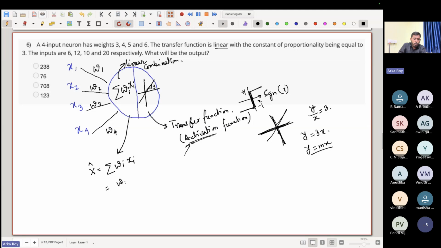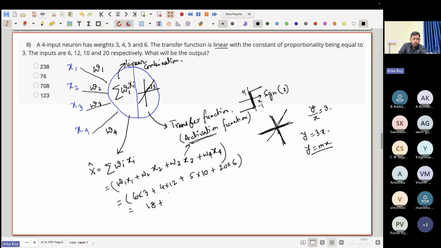So it would be W1 x1, W2 x2, W3 x3, and W4 x4. In this case, the values will be 6 multiplied by 3, 4 multiplied by 12, then 5 multiplied by 10, and 20 multiplied by 6. Therefore, it is 18, then 48, 50, and 120.